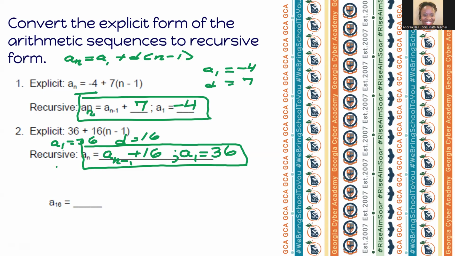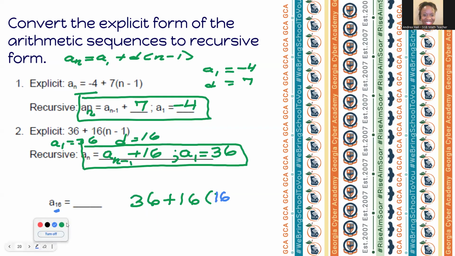All right, well, what about a sub 16? How would you calculate that? Well, I would use the explicit form, 36 plus 16 times, and then I'm going to plug in 16 because it says a sub 16. So 16 is your n now, and then minus 1.